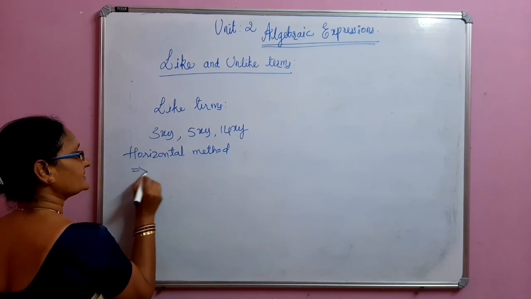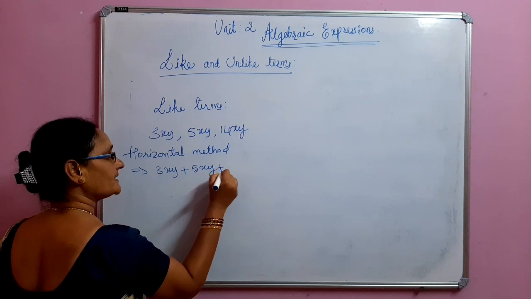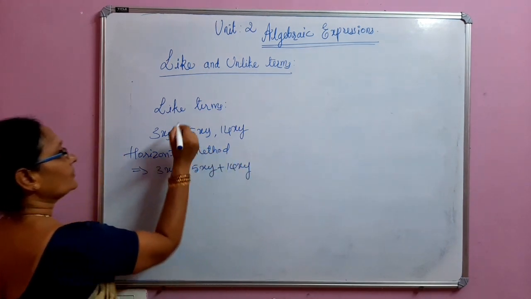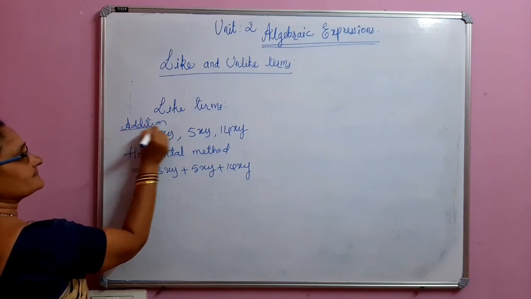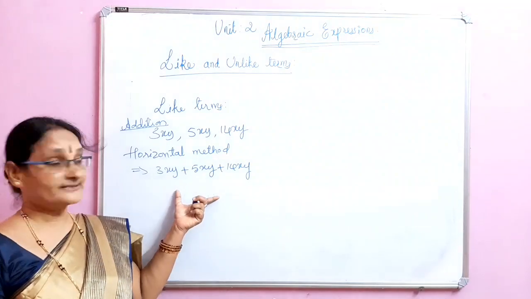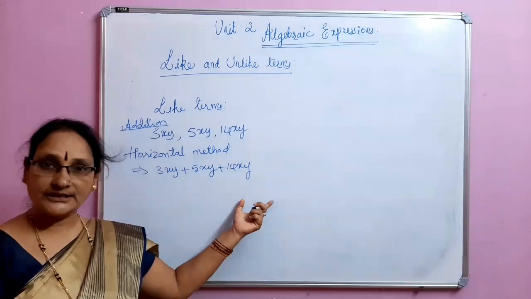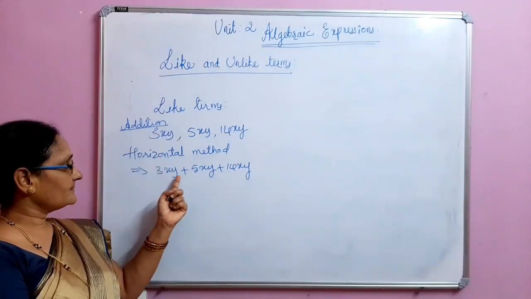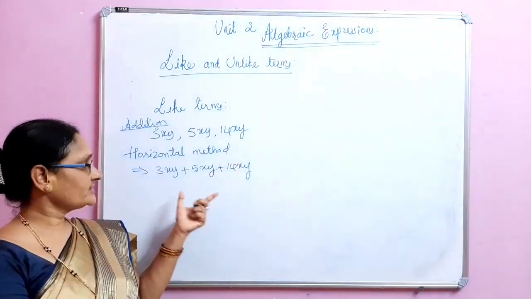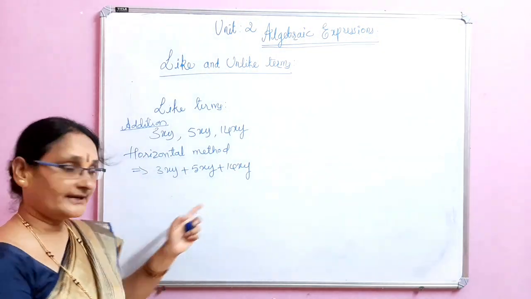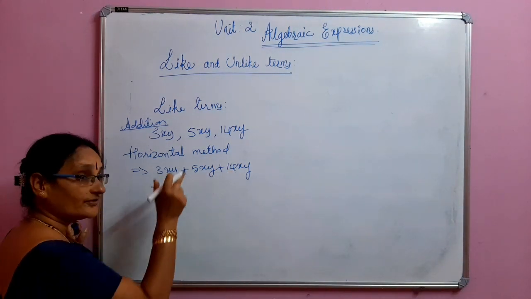This implies that 3xy plus 5xy plus 14xy. Now we are just adding. This is addition of like terms. Of the two methods, horizontal method, and next I will show you vertical method also. This is horizontal method. Since we are adding them, plus sign I have put here. These all are like terms, so I put in between them plus sign. Then what to do? You just take the numerical coefficient of each.